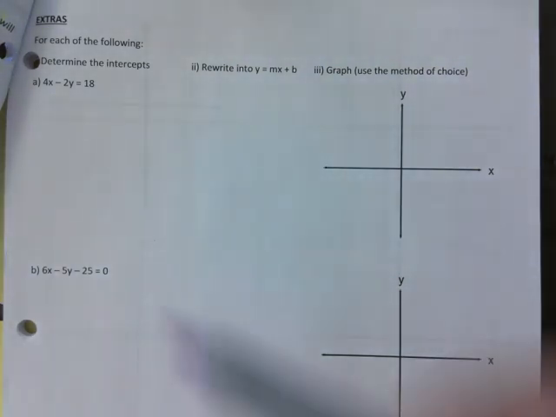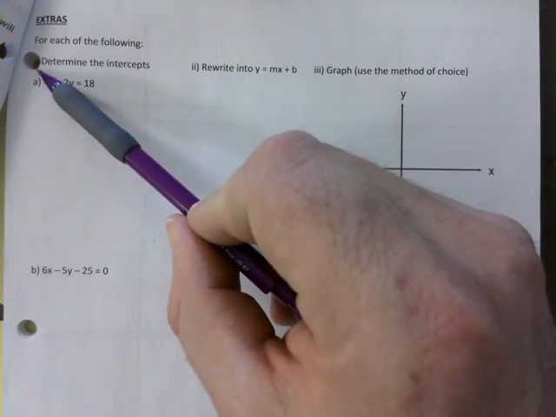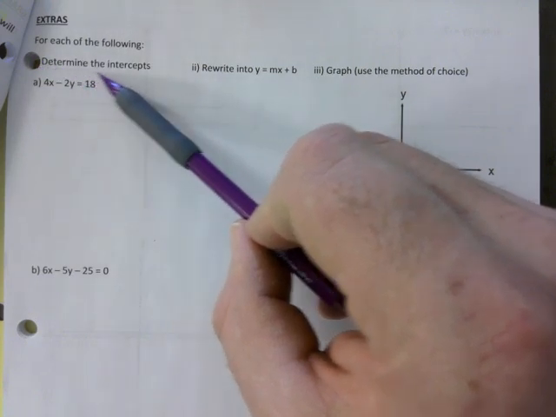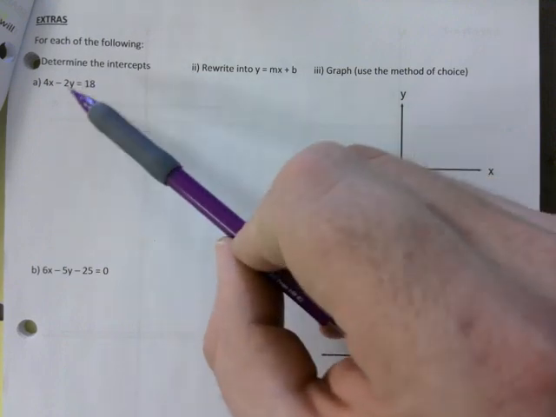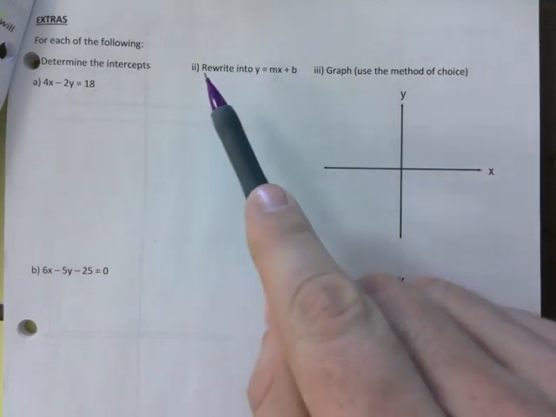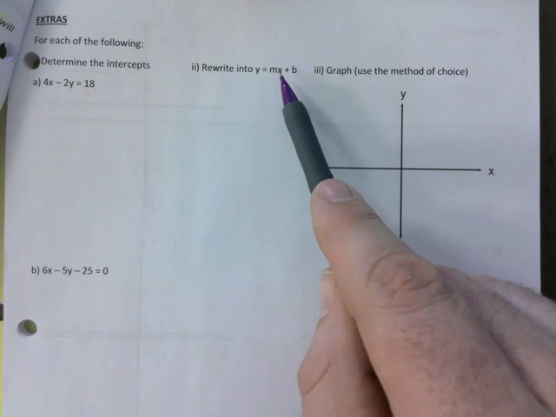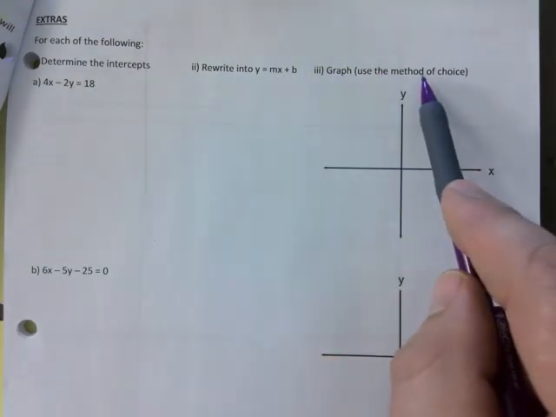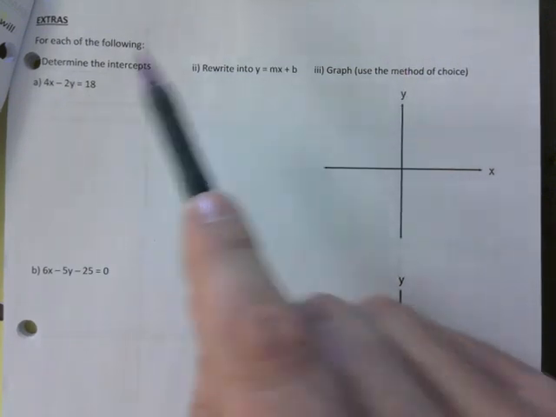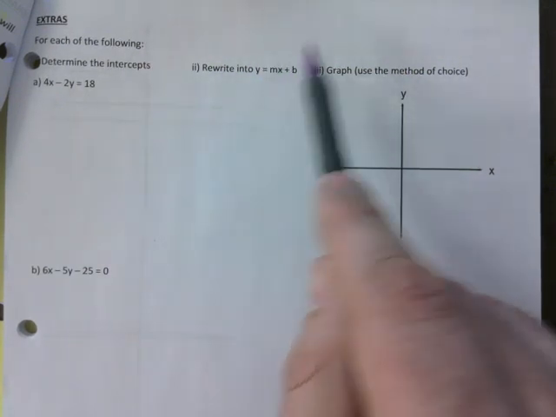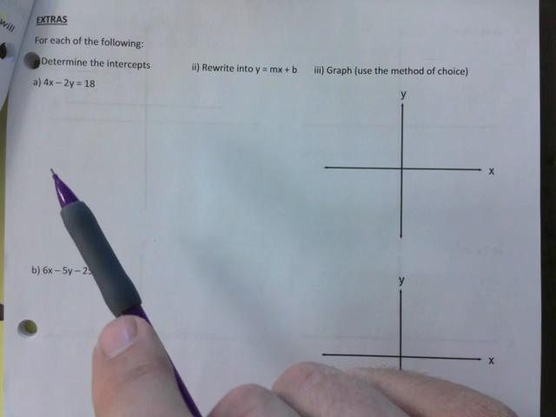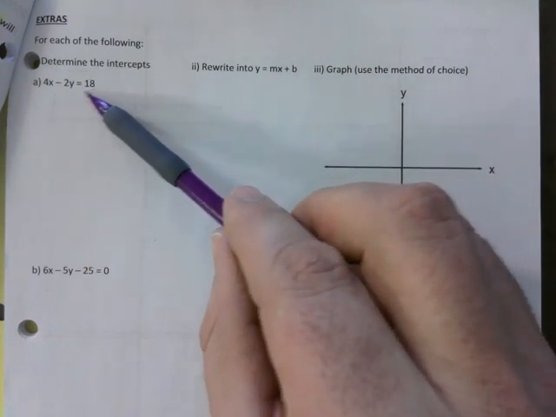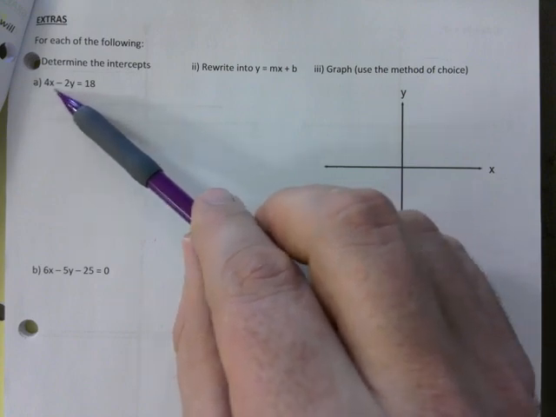Anyways, I want you to determine the intercepts here. Then I want you to rewrite it into y equals mx plus b. And then I want you to graph it using a method of your choice. Either the intercepts or starting with a y-intercept and then finding the second point. Okay, so this one is already the way I would suggest you have it.